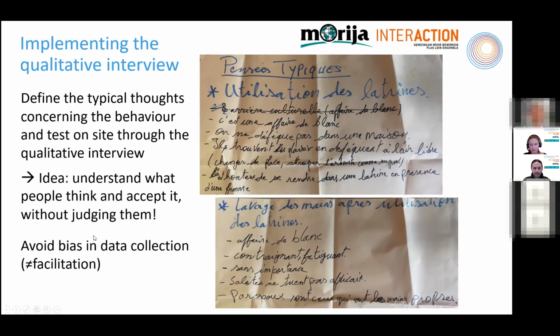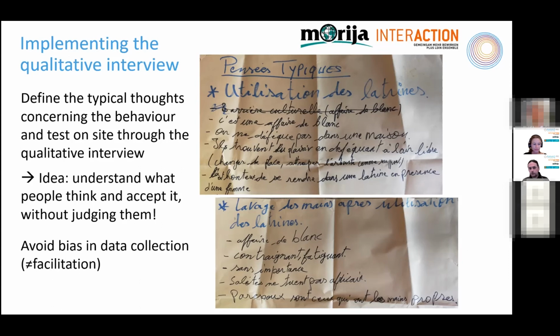Maybe, yeah, one thing about the data collection. We used Morija's team of hygiene facilitators and other types of facilitators in other projects. And that was very important.